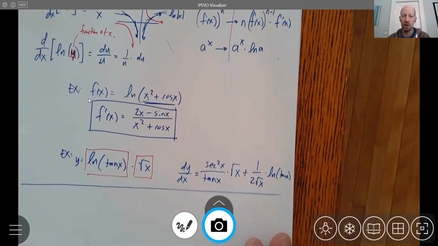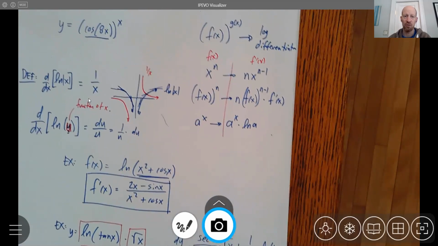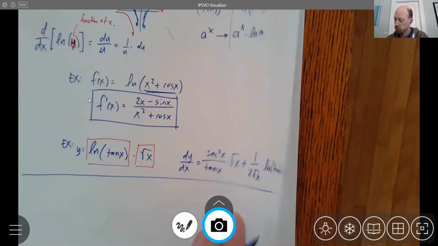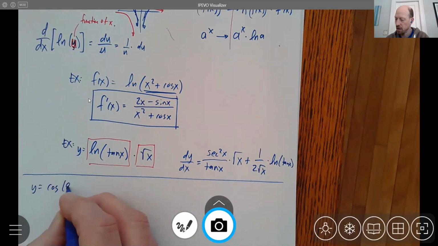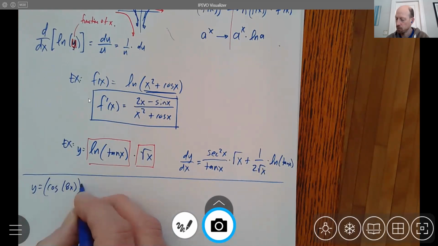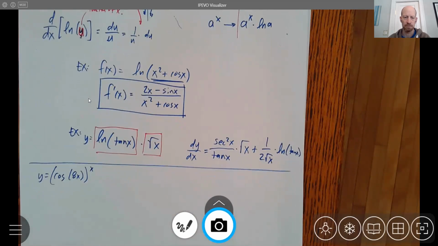Okay, so how does all of this apply to our original problem? Cosine of 8x to the x. There's no logarithms in there, right? So why would we use logarithmic differentiation?